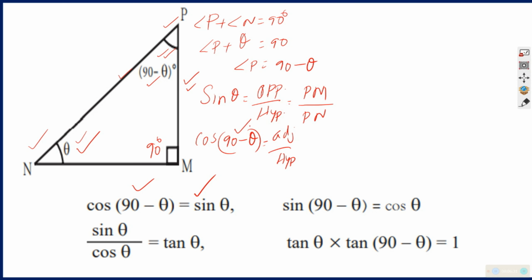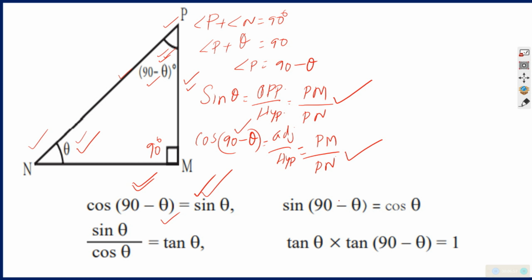Please remember I have taken cos of 90 minus theta, not theta. So the adjacent side of 90 minus theta again becomes PM, and the hypotenuse of this triangle is of course PN. So we can write here also PM upon PN, here also PM upon PN. So we can accept this. Understood? So why did I write this?